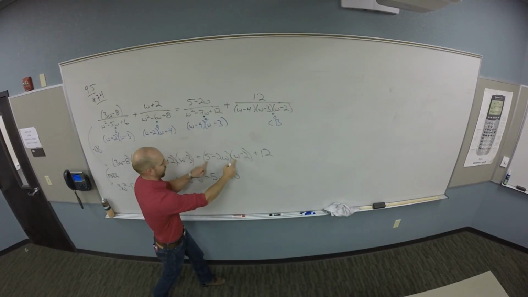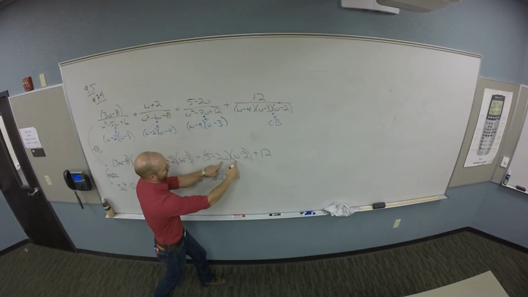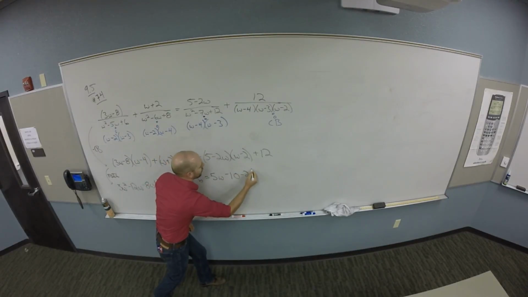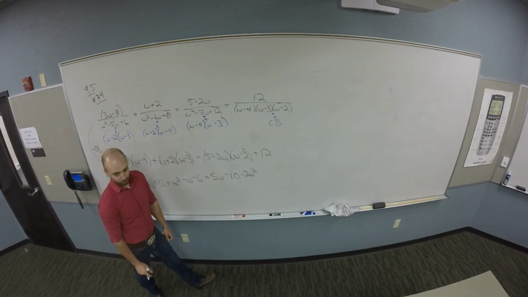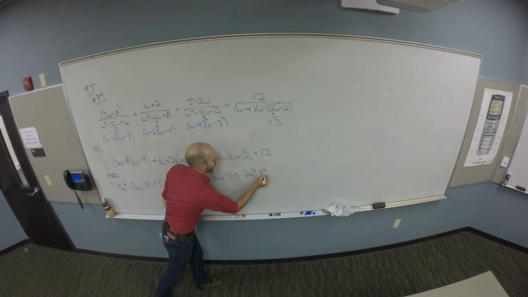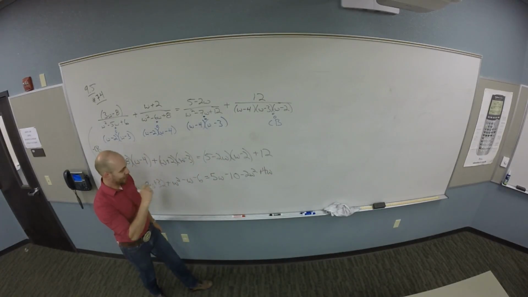Minus, yeah, minus. First outsides, insides is minus 2w squared, and last is plus 4w, and then plus 12.